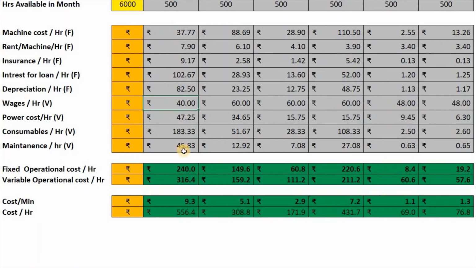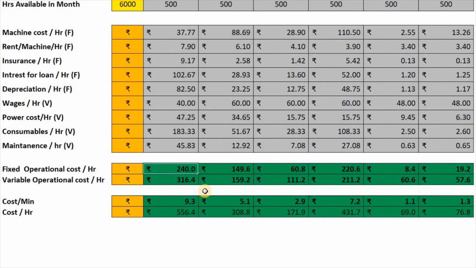For example, the machine cost per hour for fixed cost is 37 rupees 77 paise, and then rent cost, insurance, interest on loan, depreciation cost, wages, power cost, consumable cost, and maintenance cost. These are the costs per hour. If your machine is idle, your 240 rupees will be wasted.